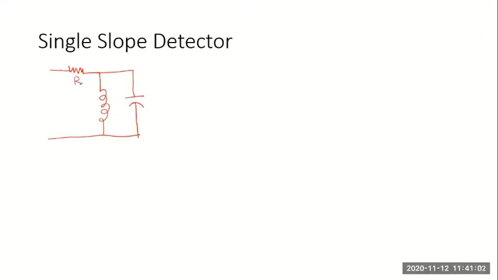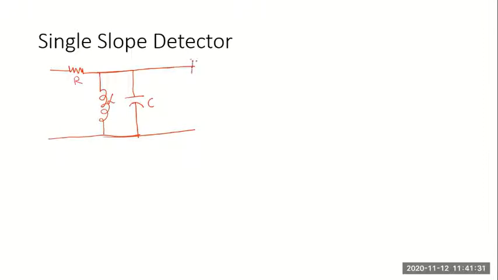This R can be written exclusively or it can be considered as part of this L. Remember, whatever inductor windings you consider, it will always have some amount of resistance. And this parallel tuned LC circuit will always have a C and L in parallel. R can be written separately, or R will always be there as part of L and C.